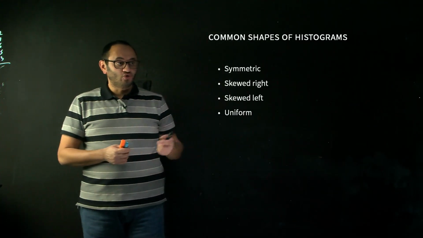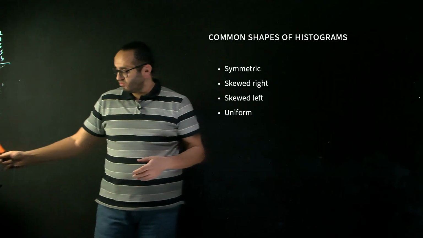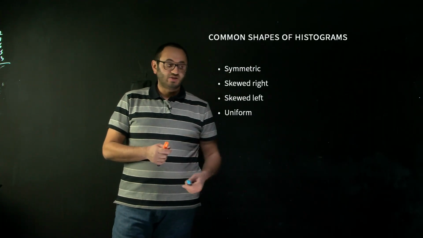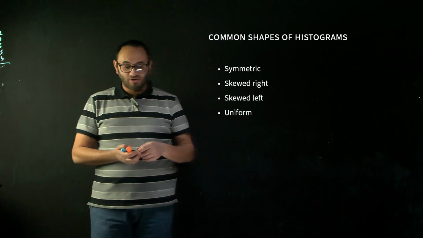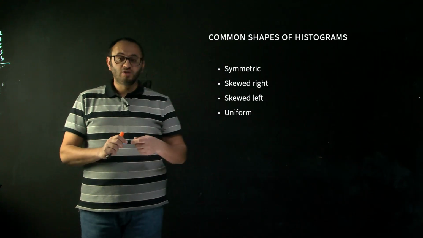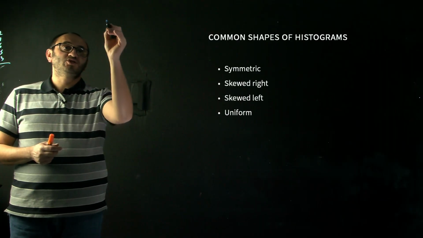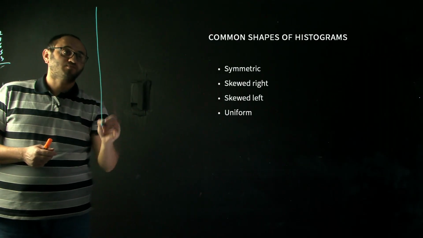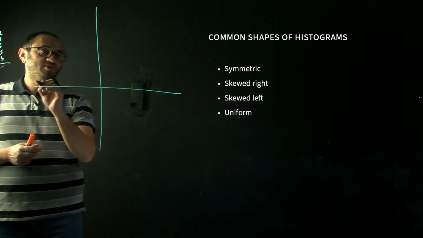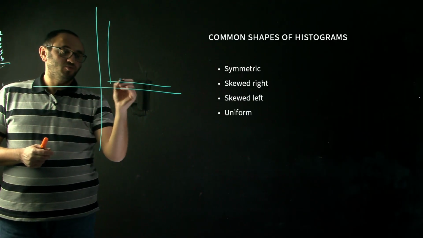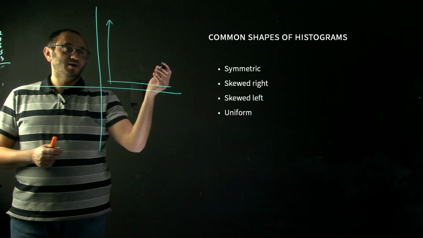Right? So we have common shapes of histograms. We may have symmetric, right-skewed, left-skewed, or uniform histograms. Let me give you a small diagram of each scenario. For example, suppose this is x and this is y.